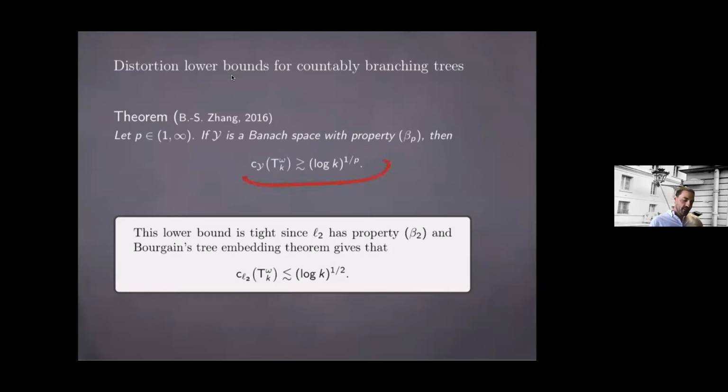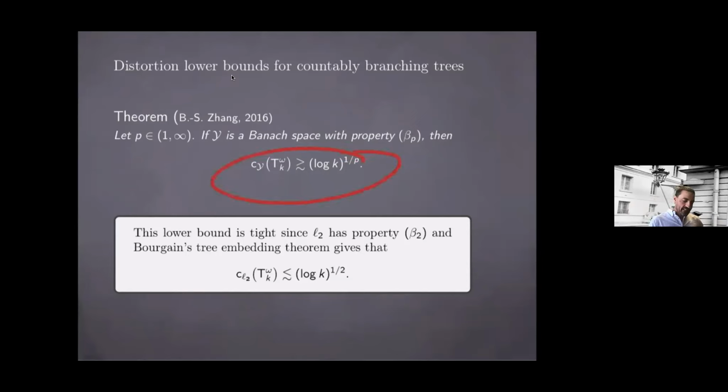And the reason we could do that is because we could use the self-improvement argument that was used by Bill Johnson and Gideon Schechtman to show non-embeddability of diamond graphs or Laakso graphs into uniformly convex spaces. And that was later used by Kloeckner to give a very simple proof of Bourgain's non-embeddability result. And the reason we could do this is because property beta is really the property you want to implement this self-improvement argument. It works extremely well with this property.